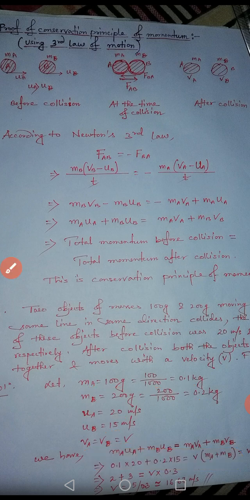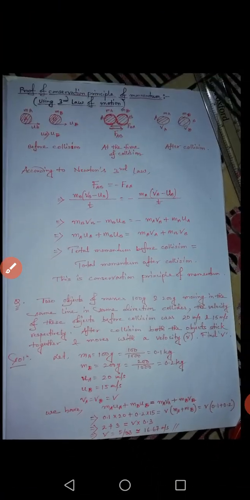To find v, just use this formula and substitute the values. mA is 0.1, uA is 20, mB is 0.2, uB is 15. On this side vA and vB are both the same, equal to v, so I have taken v common.